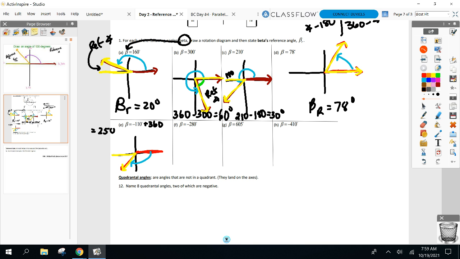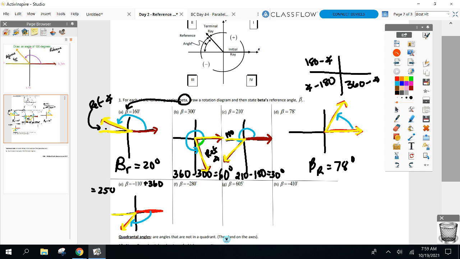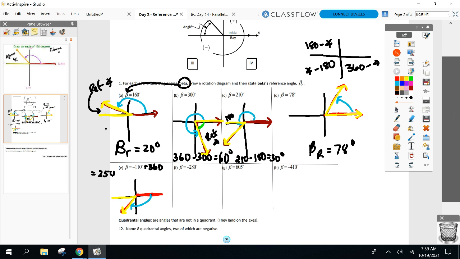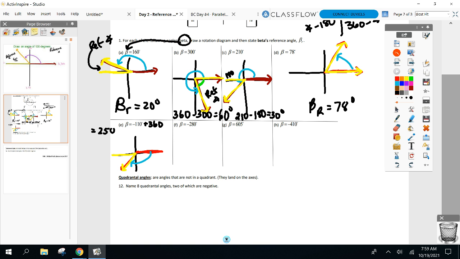If you want to use the rules I just gave you, which are up here, if you've got an angle in the 3rd quadrant, you do 250 minus 180. Your reference angle will be 70 degrees. I always like to use the positive version to find the reference angle.